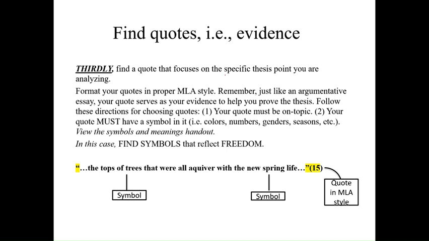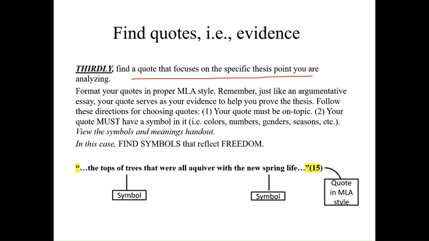So how do we do that? How do you prove your thesis? You have to find quotes. When you find a quote, remember, I have to keep saying this, we're trying to find symbols. So we're going to find quotes that have symbols in them that represent freedom. So we have to go through the text and find as many symbols as we can that represent freedom.